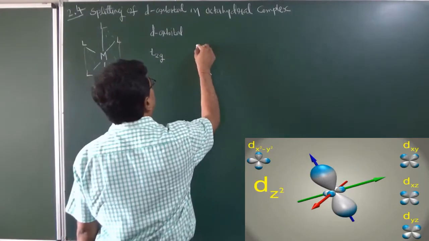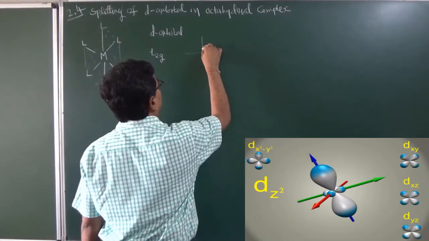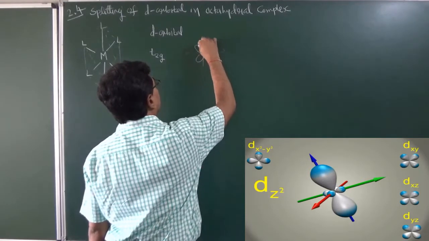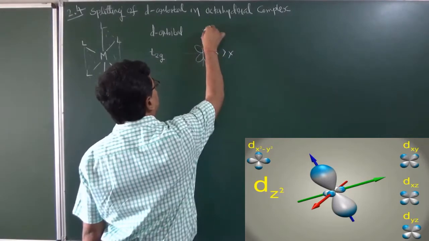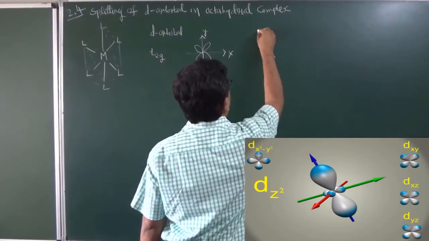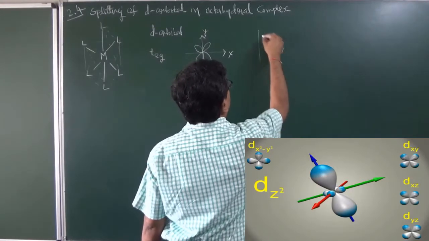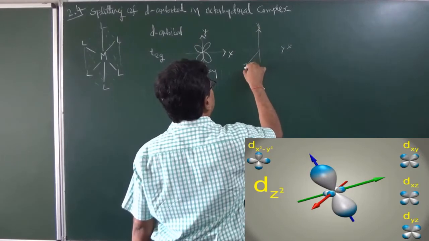Suppose this orbital are, ये मैंने x और y axis ड्रॉ कर ली है. चलो ये x और y एक्सिस के बीच की जो ऑर्बिटल हुई, suppose this is x and this is y, then it is dxy. Similarly, I can give you this type of orbital also, x axis, y axis and z axis.